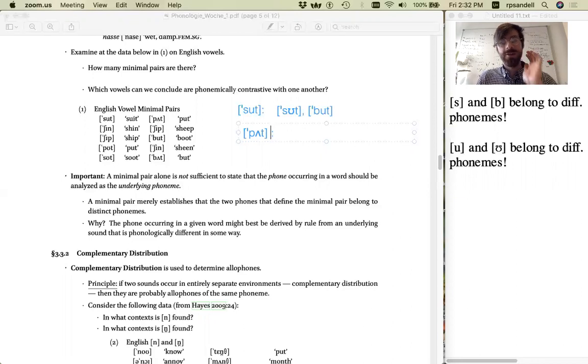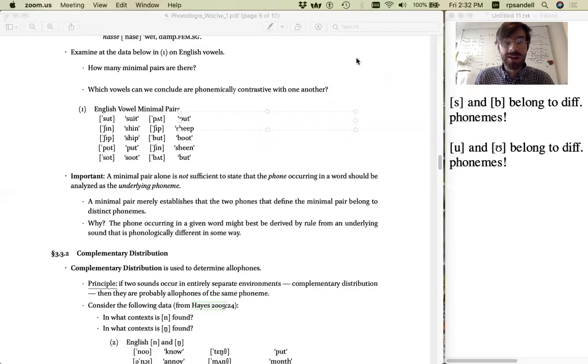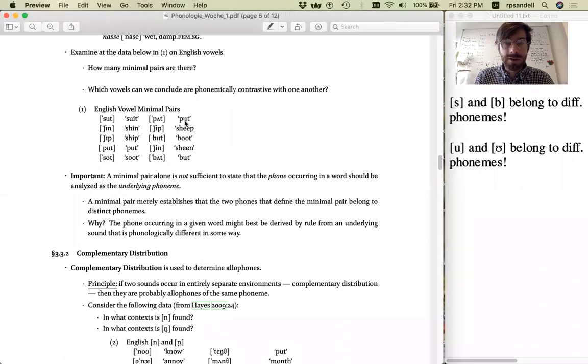So actually, the transcription here is wrong. The word put should have the same vowel as in soot. That's a mistake. We can see that actually the mistake is in the English orthography there. That should read, let me correct that. Let me clear all of these drawings here. So here, instead of put, this should read put.